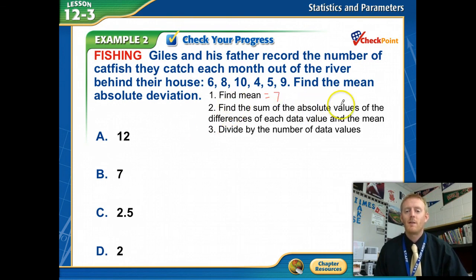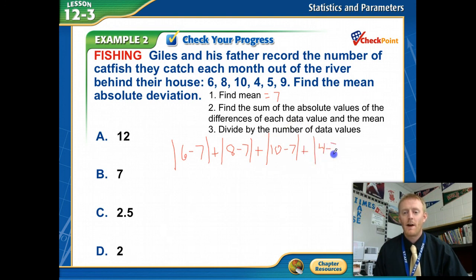To find the sum of the absolute values of the differences, I'm going to take the absolute value of 6 minus 7, plus the absolute value of 8 minus 7, plus the absolute value of 10 minus 7, plus the absolute value of 4 minus 7, plus the absolute value of 5 minus 7, and plus the absolute value of 9 minus 7.